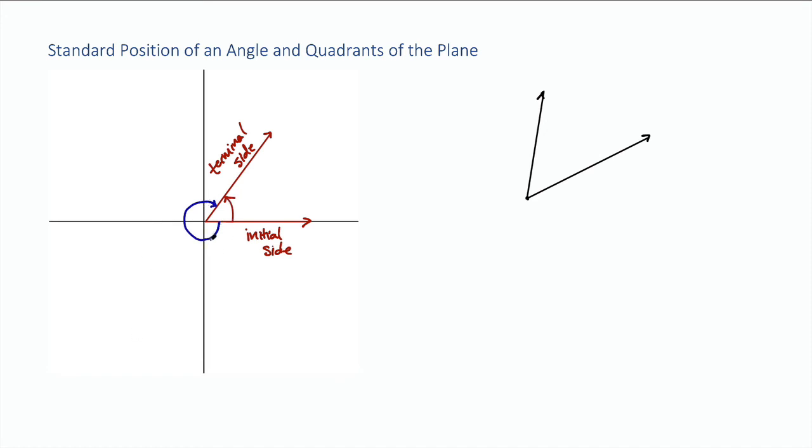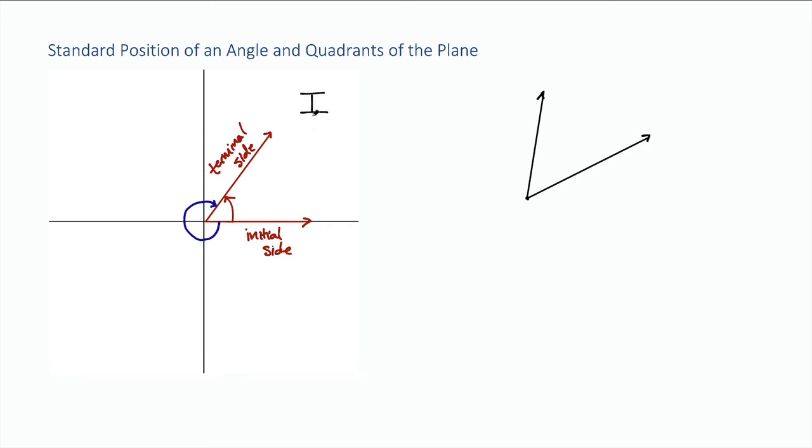Finally, we'd like to be able to discuss where the terminal side lies. And we do that through quadrants of the plane. We have the xy plane, and you can see that the x and y axes split it naturally into four different regions. This top right region here, we're going to call the first quadrant, and generally we denote it with a Roman numeral.